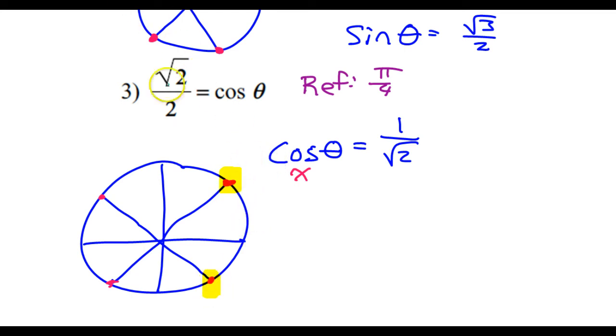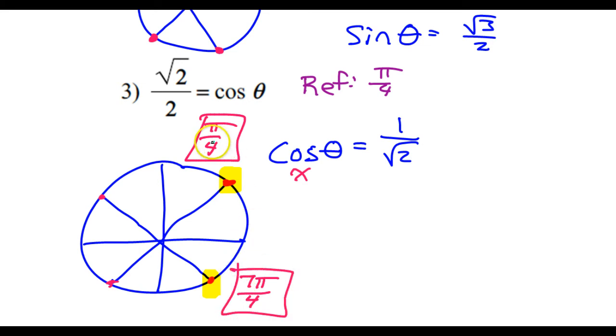And so what are they? Well, we've drawn all these pi over 4s. So this will be 1 pi over 4. So that's one of our answers. But then it goes 2 pi over 4, 3 pi over 4, 4 pi over 4, 5 pi over 4, 6 pi over 4, 7 pi over 4. Okay, so pi over 4 and 7 pi over 4.